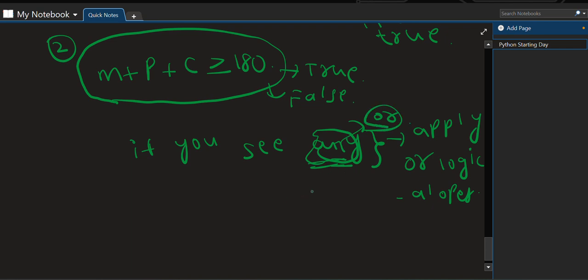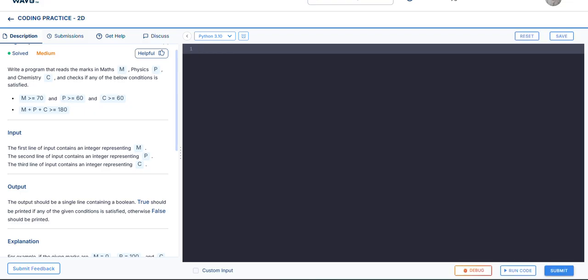These are the conditions we apply to that question to get the exact correct output. Now look into this. We have to take three inputs representing M, P, C. If you want to add and perform operations like that, we have to take input as integer.